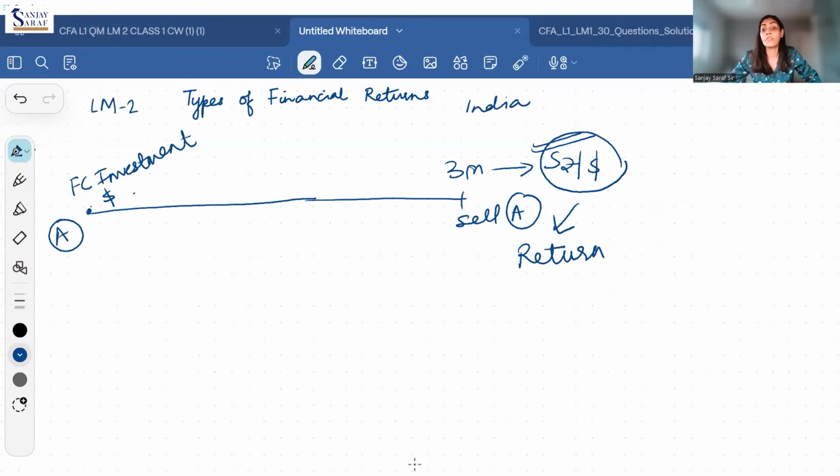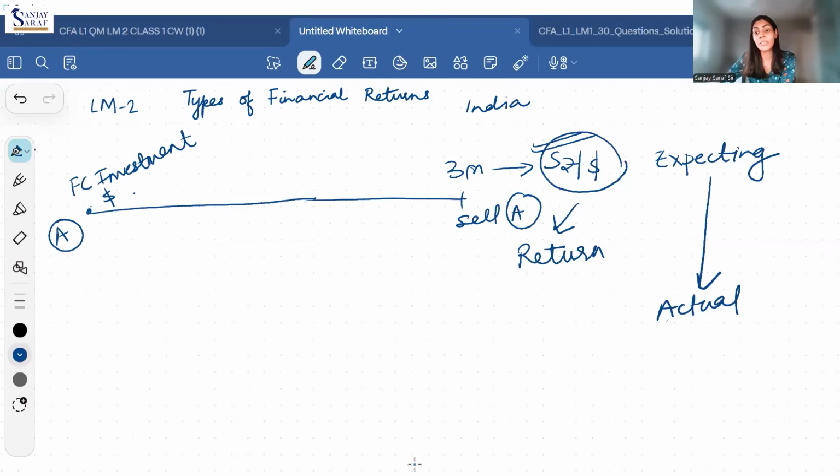Now, to diversify, I do not want to take the chance that my return diverges. So, if I'm expecting a certain return, I know that it can diverge from the actual return because of this currency exposure. This divergence is risk. This risk is being caused by currency exposure.